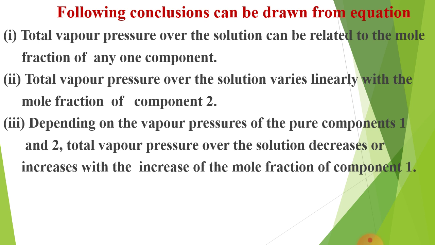This is shown by the straight line graph. Third, depending on the vapor pressure of pure components 1 and 2, total vapor pressure over the solution decreases or increases with the increase of mole fraction of component 1. So you have to know these points from the above equations.